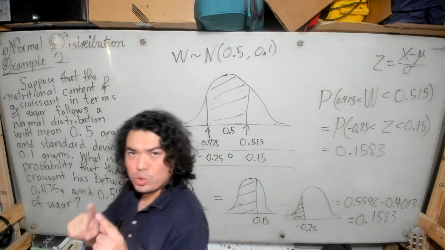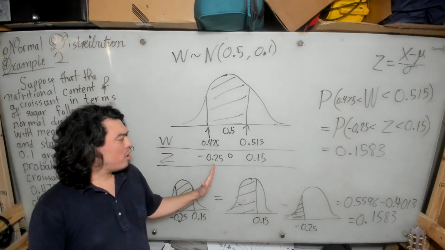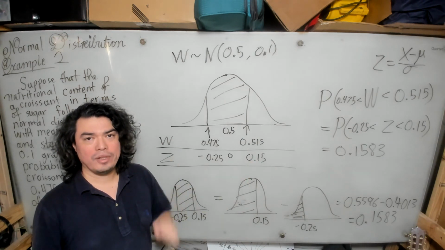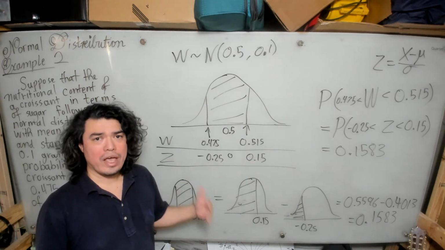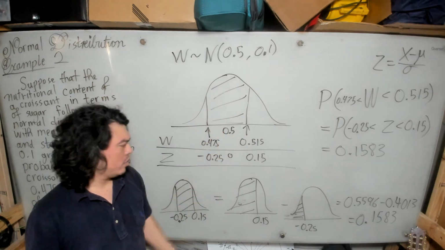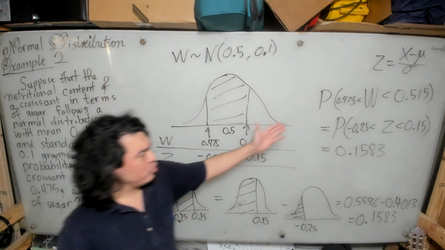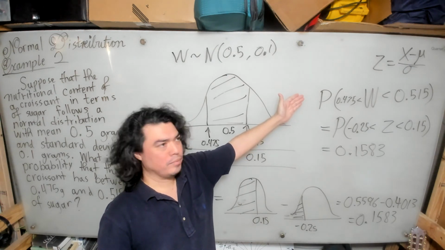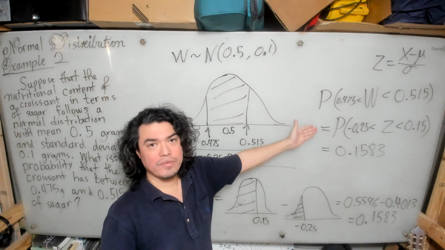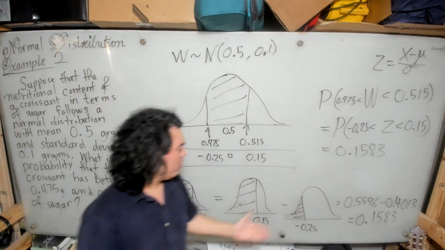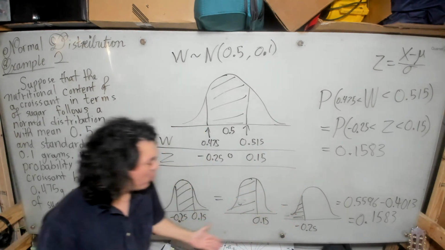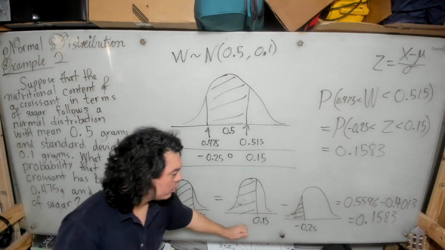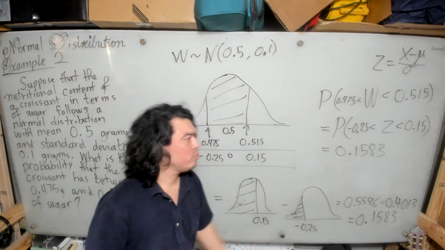We then used the Z-score formula to find the corresponding values of the standard normal that will have the correct probability properties that we need to calculate this area. So in other words, we're able to state the probability statement that is of interest to us from the problem and restate it in terms of the standard normal. And then using this procedure, we were able to calculate that area by reading off the values from the standard normal table and performing the subtraction.